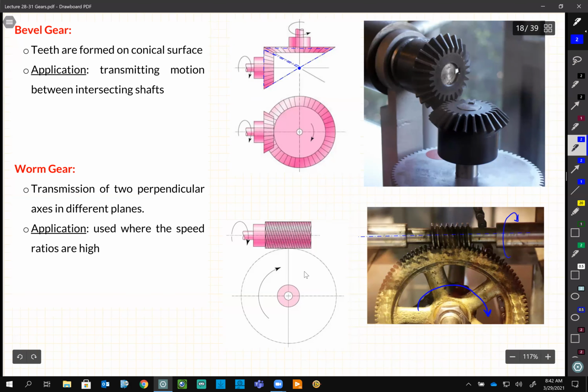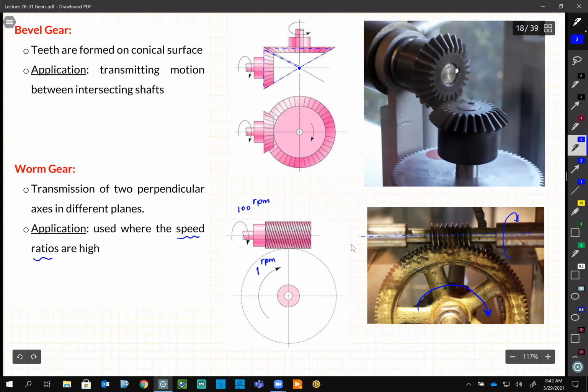So what's the advantage of this worm gear? When we want to have a super high speed ratio, let's say 1 to 100. You want this guy to rotate 100 revolutions, and you want this one to rotate 1 revolution, let's say per minute.